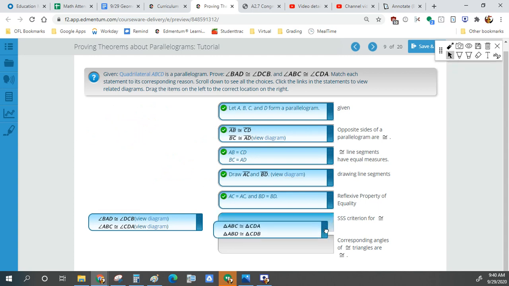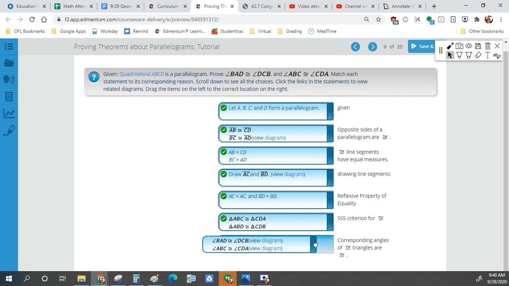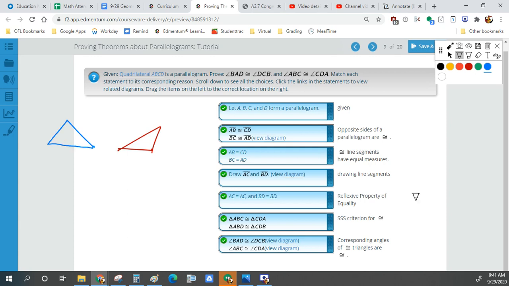So because those triangles are equal, we can say this, which means we can say that opposite angles are congruent. So because we're saying that this triangle is equal to this triangle, we can say that this angle is equal to this angle.